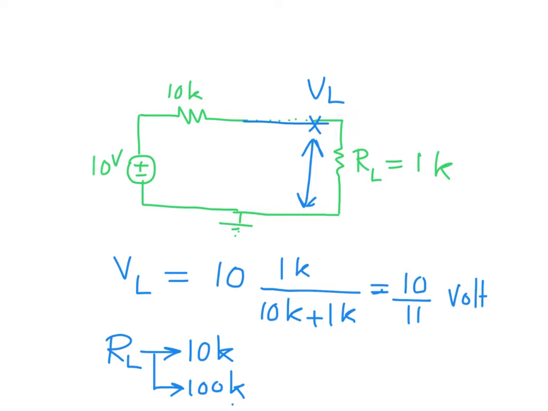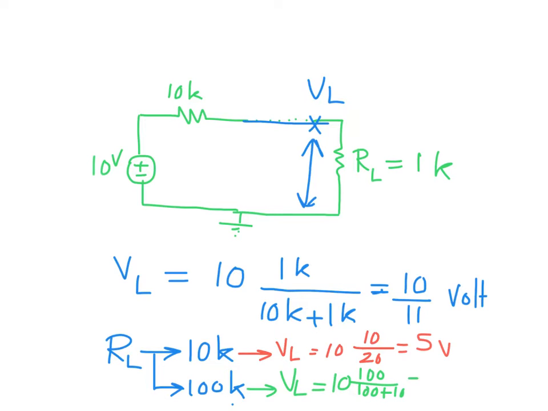If we have RL equal to 10k, VL will equal 10 multiplied by 10 over 20, which now equals 5 volt. For RL equal to 100k, VL will equal 10 volt multiplied by 100 divided by 100 plus 10, which is equal to 100 over 11 volt.